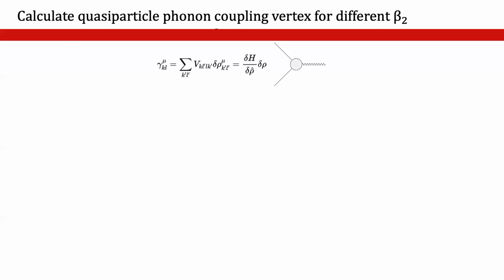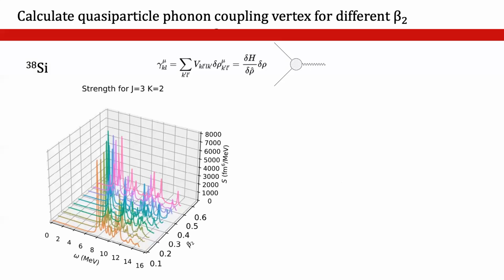Of course, at the peak of the transition strength, the coupling is strongest. In this way, we can calculate the multiplication of the two-body interaction and the transition density.